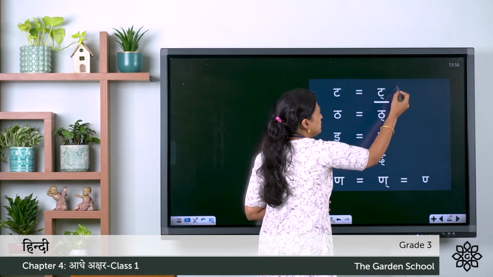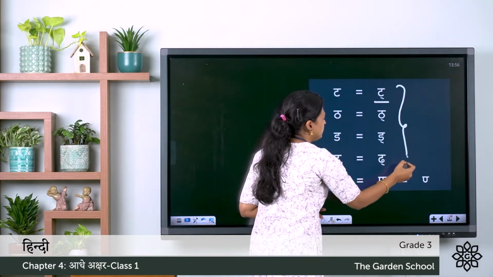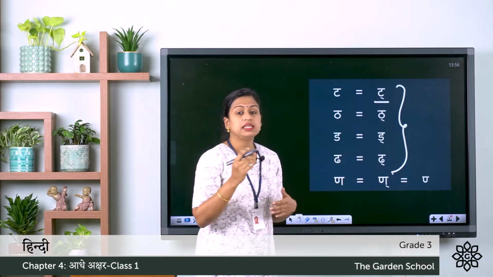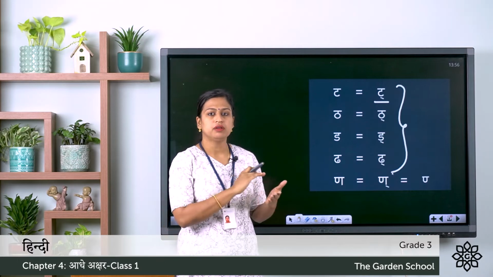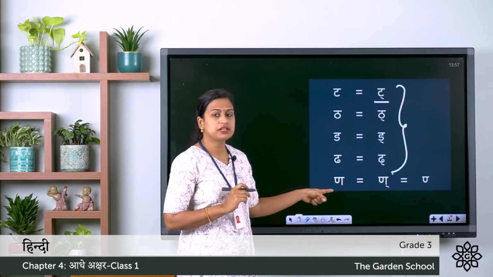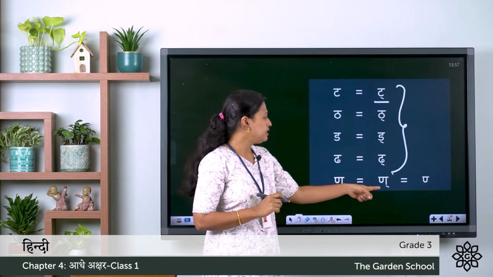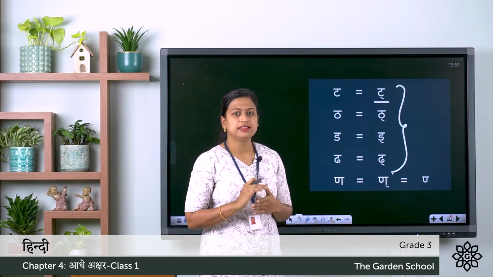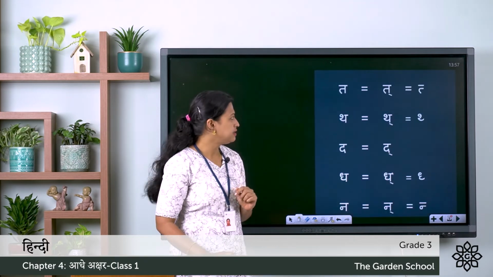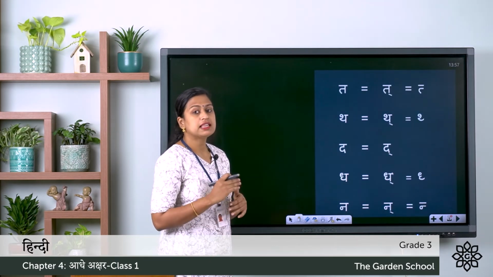So all these four Vyanjan letters, ta, tha, da, dha, have half forms written with the halant symbol. Next Vyanjan akshar is na, and this is the half form of na, there is no standing line. Next Vyanjan akshar is ta.